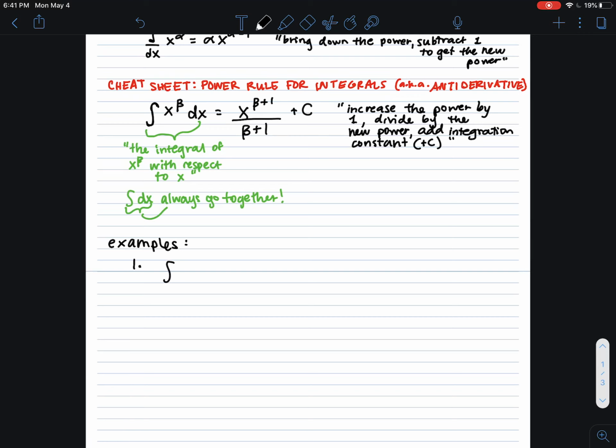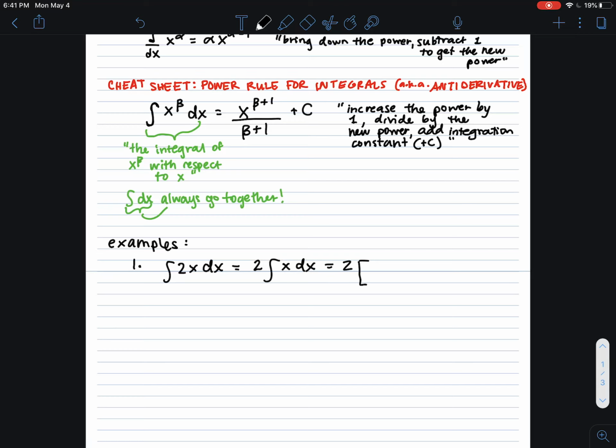So if we take the integral of 2x with respect to x, then from our rule we leave the 2 out front. Technically what we're doing here is pulling the 2 out of the integral. So it's 2 times the integral of x with respect to x. So we have that 2 on the outside.